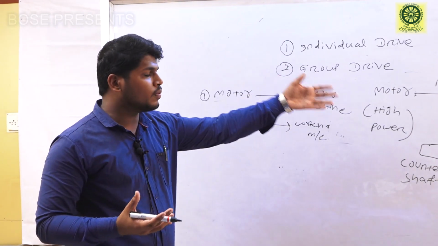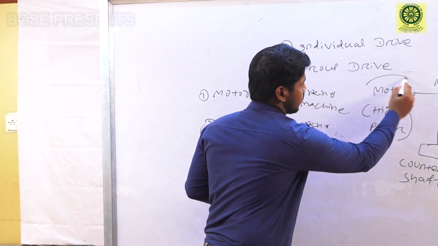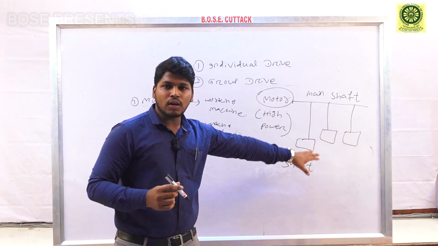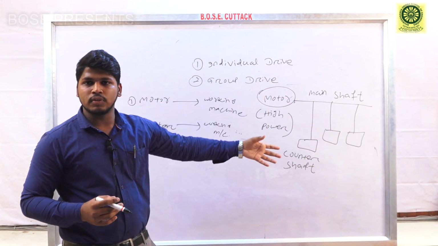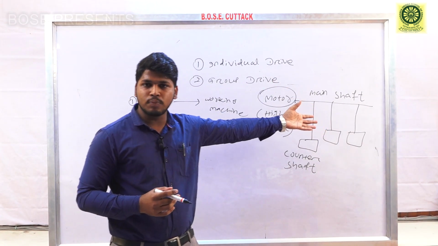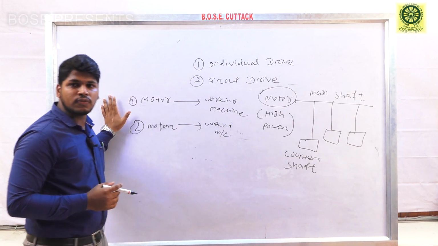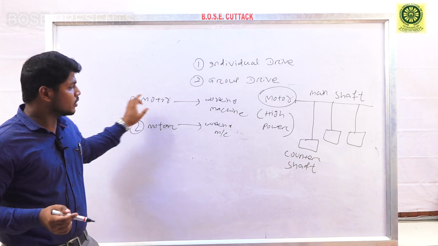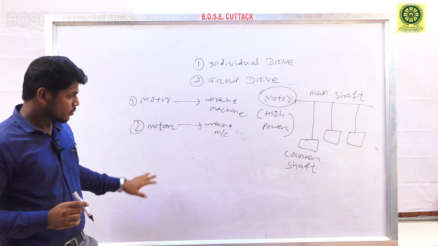But in case of group drive, if the main motor fails to operate, then the total work, the group of work, will stop. This is the disadvantage of group drive, but it is the advantage of individual drive, that if a single motor fails, only that particular work will be stopped.